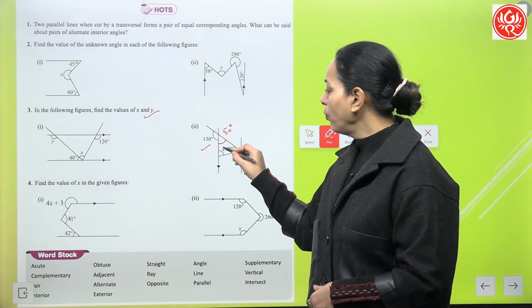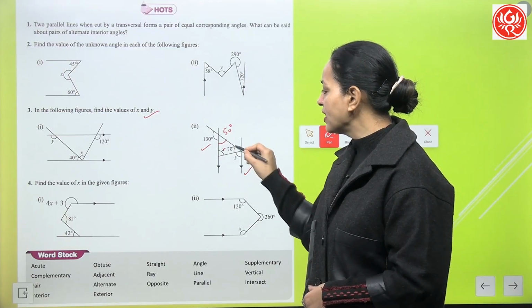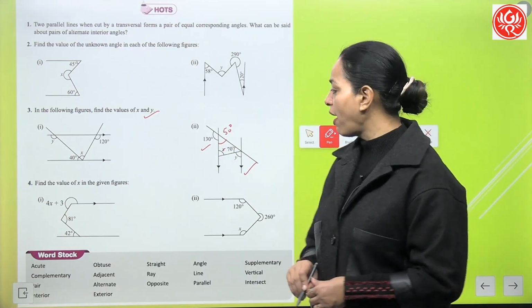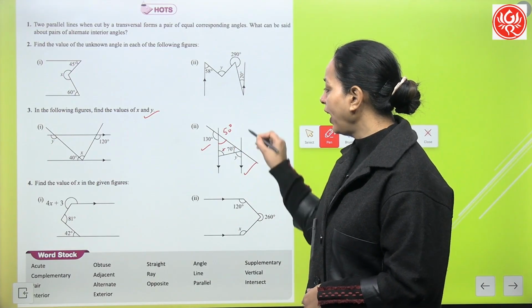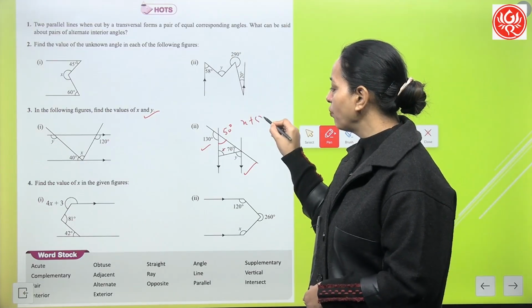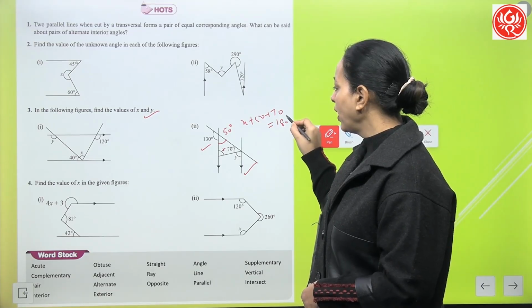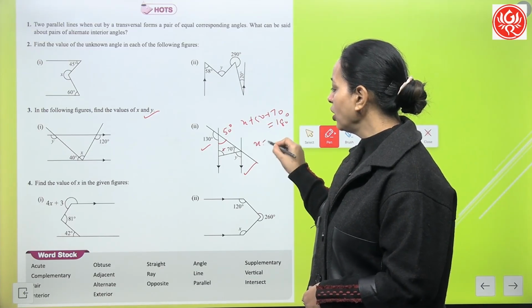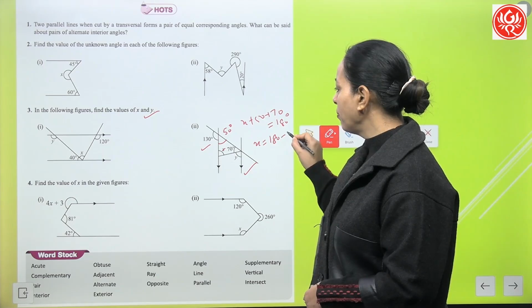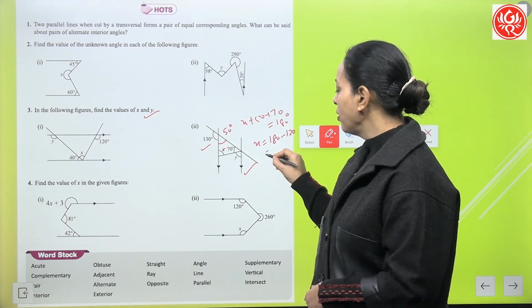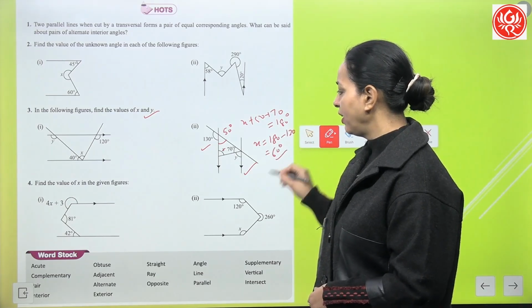Okay, now 50, x and 70 are the angles of a triangle. So can you find x? So x plus 50 plus 70 equals 180. So x equals 180 minus 120, that means 60 degrees.